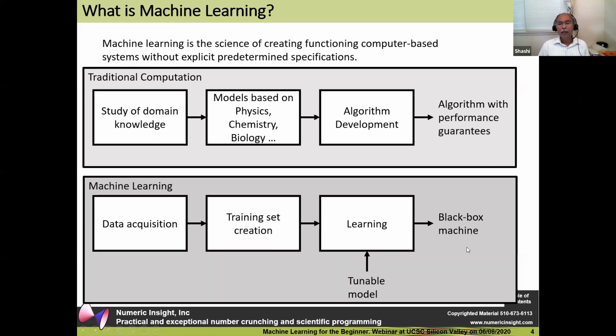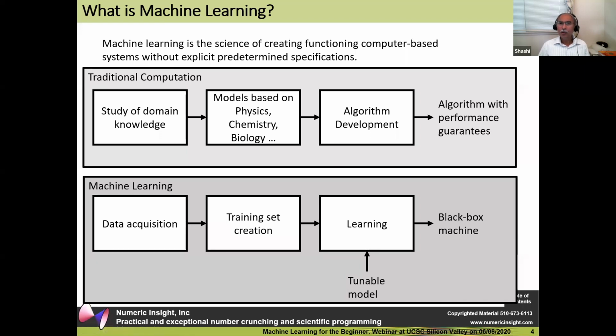Okay. In order to create that black box machine, you have a tunable model. This tunable model is going to learn something from the training set and create the black box machine. So it might seem, if you look at this, that this is totally divorced from the domain knowledge.